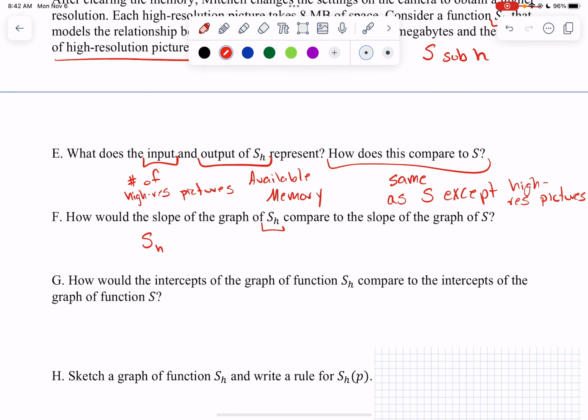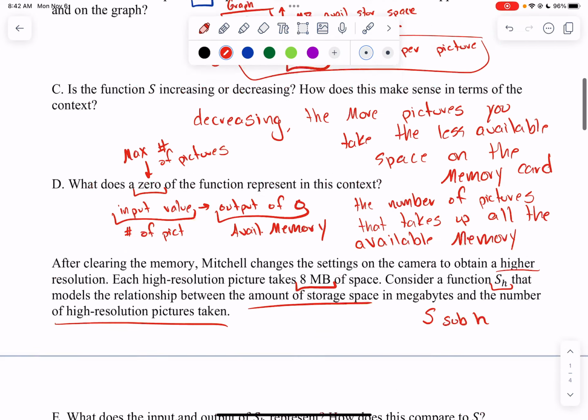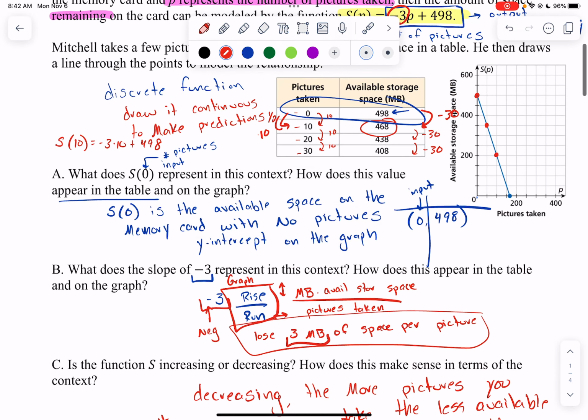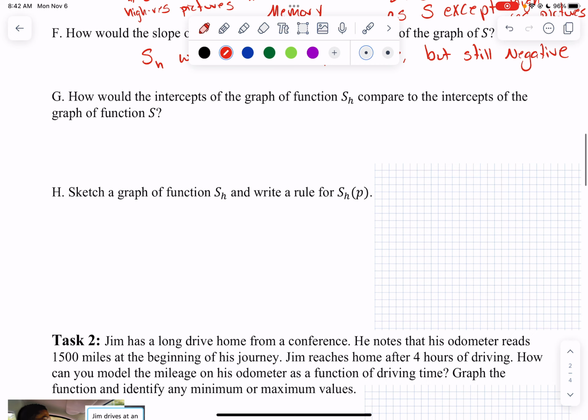How would the intercepts of the graph of the function S of h compare to the intercepts of the graph of function S? Well, we're still using the exact same memory card, so the y-intercept is still going to be the same. But since each picture takes more data, my x-intercept is going to be smaller.